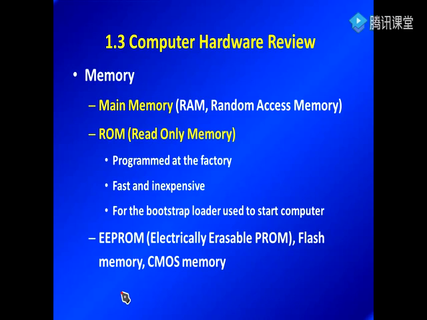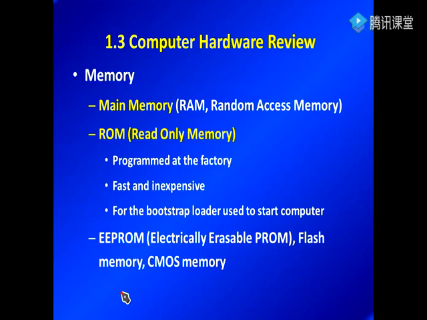If you are interested, I'll check it later to let you know the exact situation in smartphones. Okay, but for now, let's focus back on the main memory related to general computers.